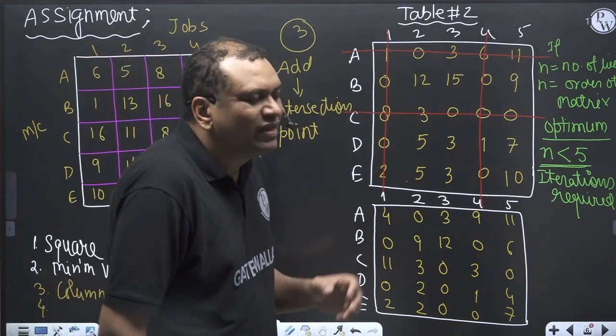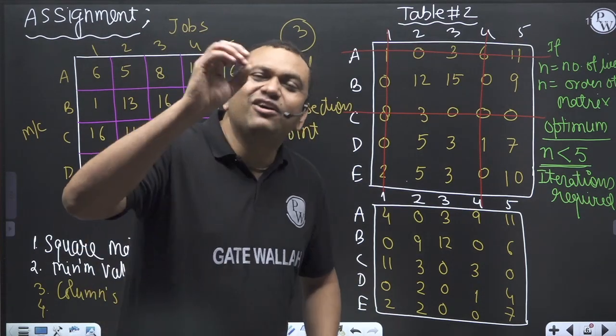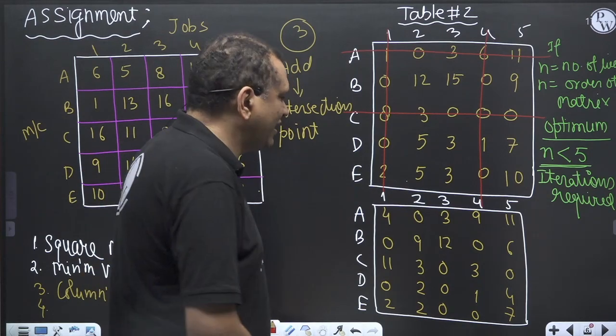What is that? Covered all the zeros with the minimum number of lines.